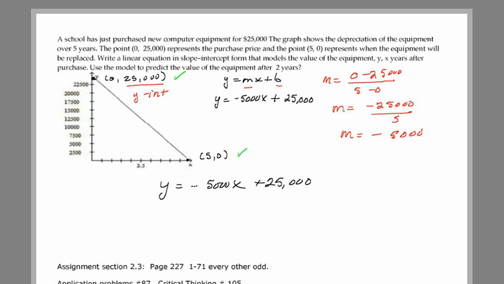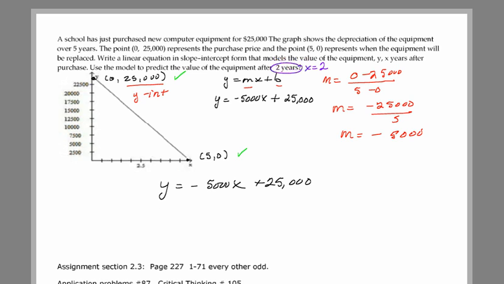Notice the slope is negative. That means we have a falling line. And finally, last thing is, let's use this model to predict the value of the equipment after 2 years. What that's telling me is I'm going to let x be equal to 2, find out what y is.